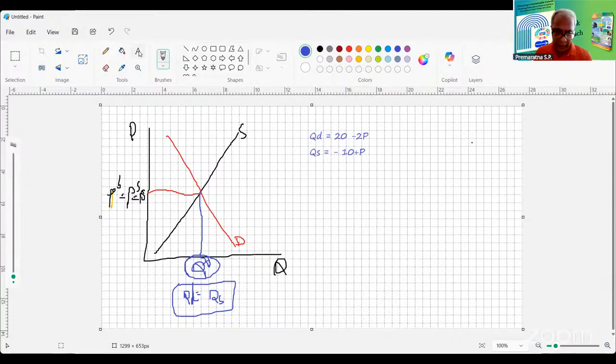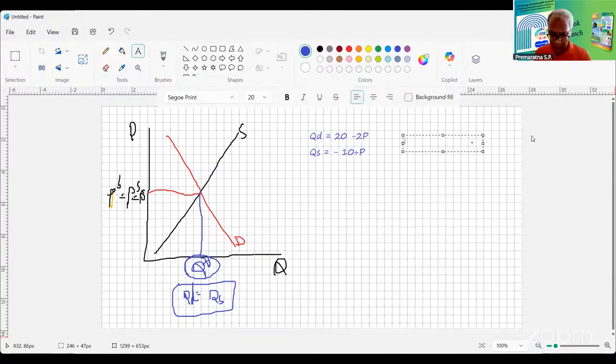If you take that concept, we can get that value using QD, meaning 20 - 2P, and QS, meaning -10 + P. Now we can find P, or what we call P star.